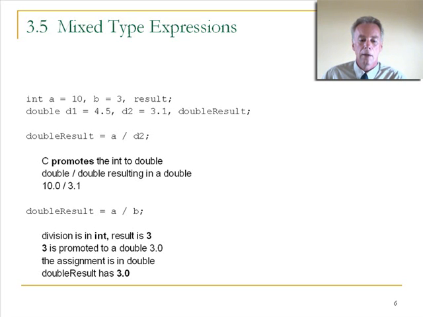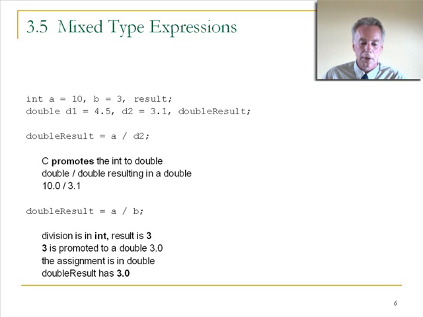So the A, which has 10 in it, promotes so that we have a double divided by a double, and the division operator is then obviously double, and the resultant data type is also double, and we have 10.0 divided by 3.1. It's a double value that has accuracy past the decimal. Look at the next example.